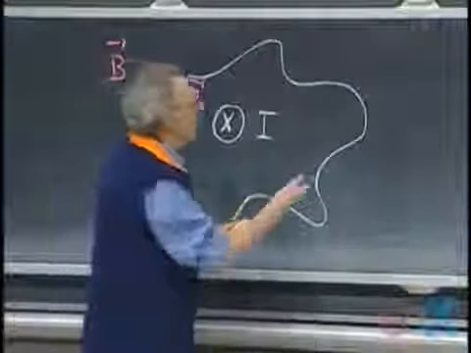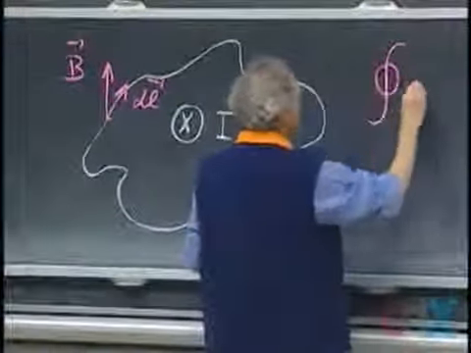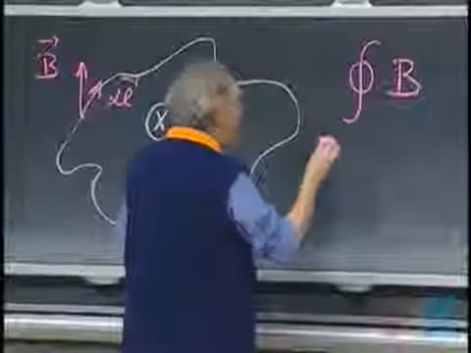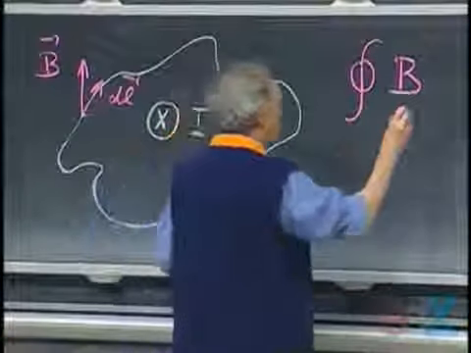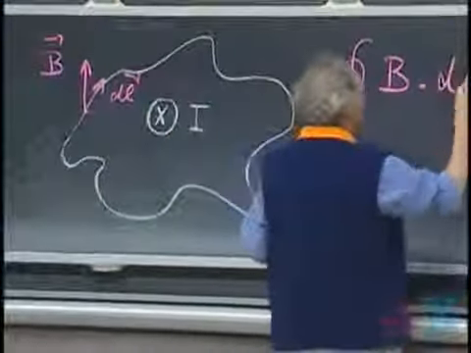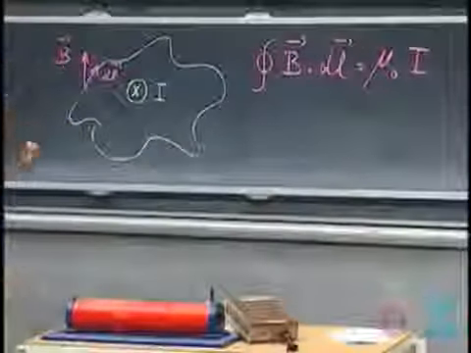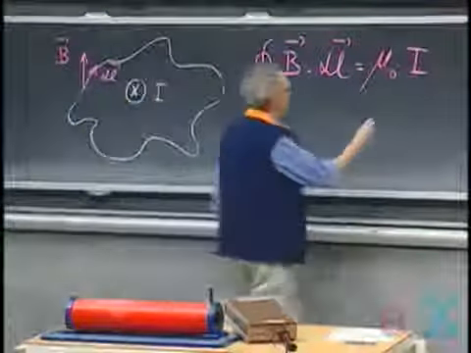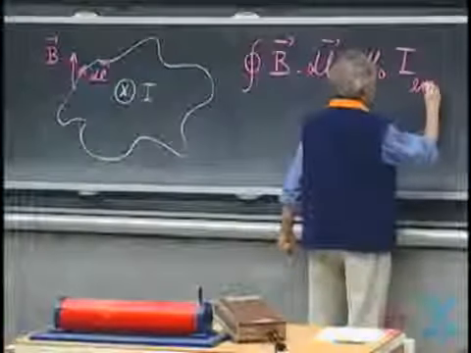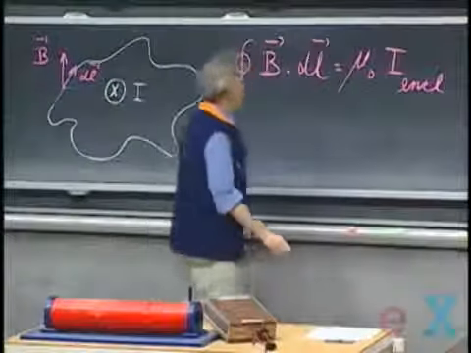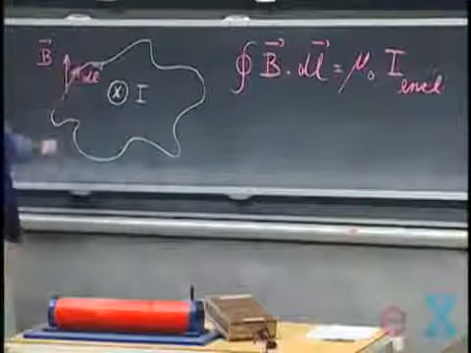If you go around a closed path of any shape, it doesn't have to be a circle, B dot dl now becomes mu zero times I, which is known as Ampere's law, and I is then often given an index enclosed. It is the current which is enclosed by that path.